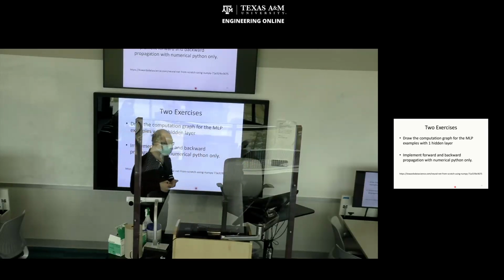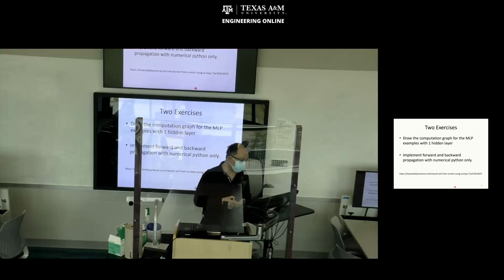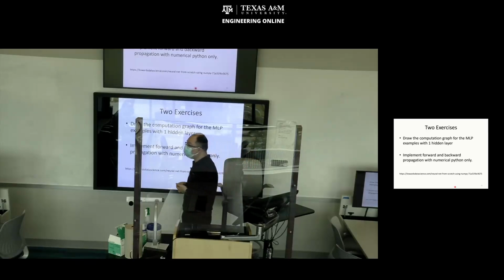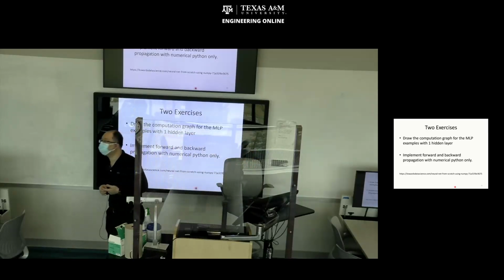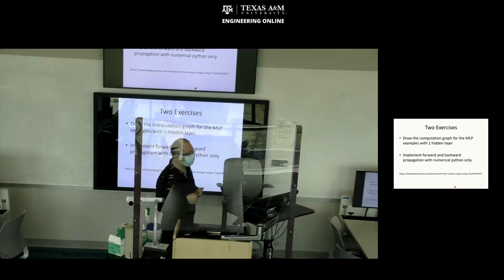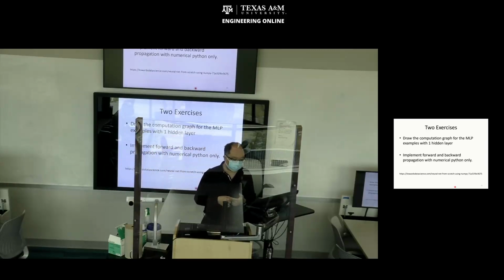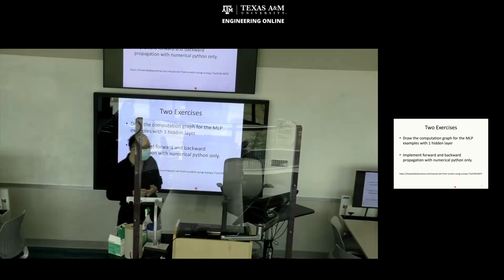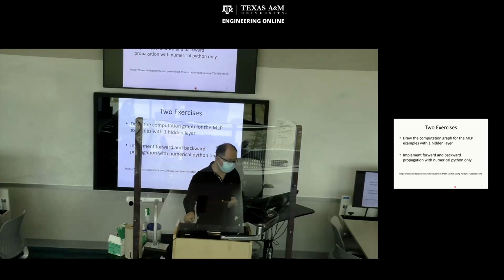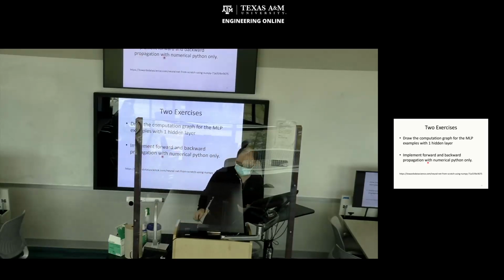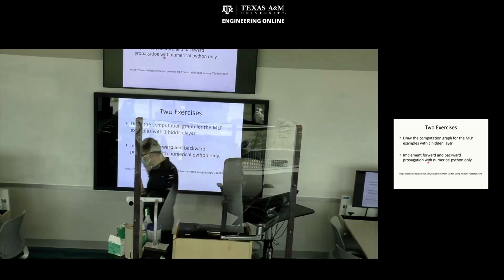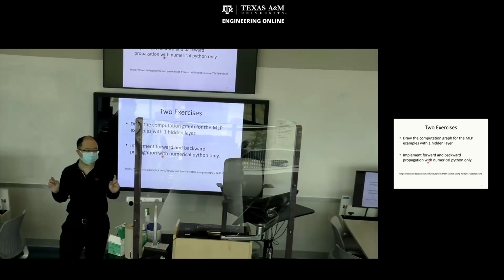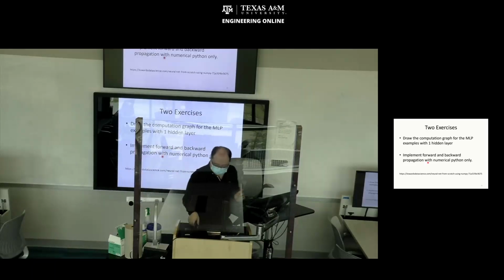The second one is, can you implement the forward and backward propagation for this MLP with numerical Python only? So, in fact, I think the second practice should be one of the golden standards to test whether you really understood what backpropagation means, okay? And the answer lies in this block, okay?